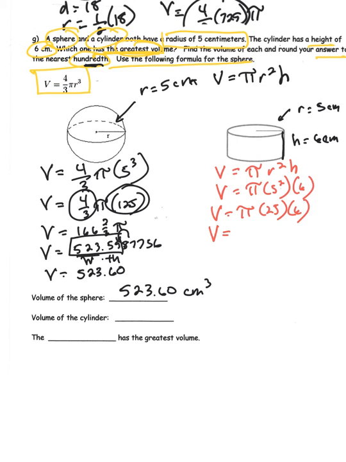And now if I multiply 25 times 6, we get 150 pi. And again, we need to use the pi key on the calculator. 150 times pi would be 471.238898.